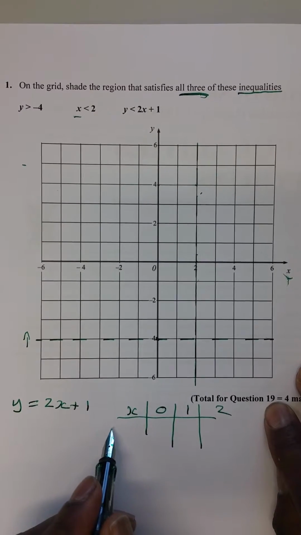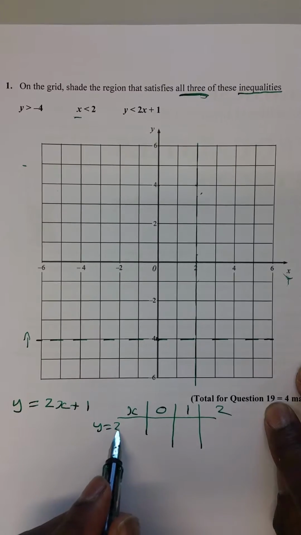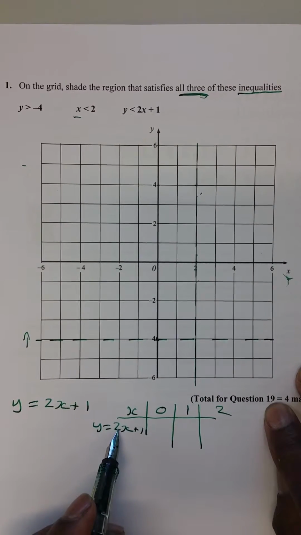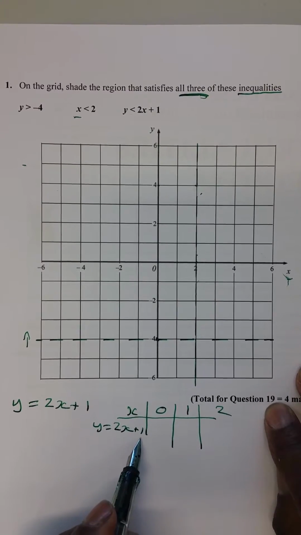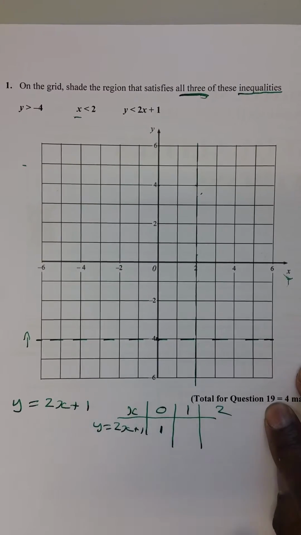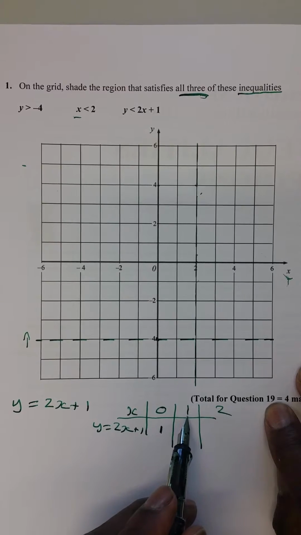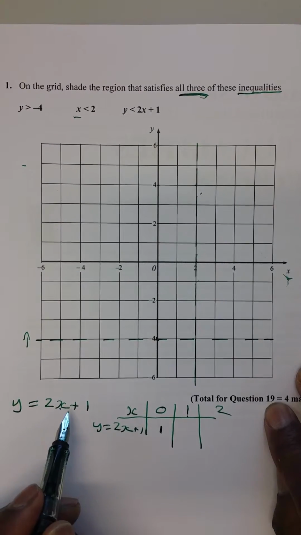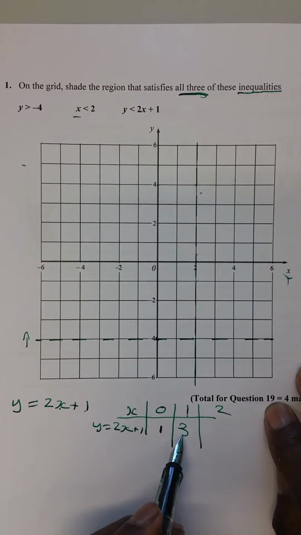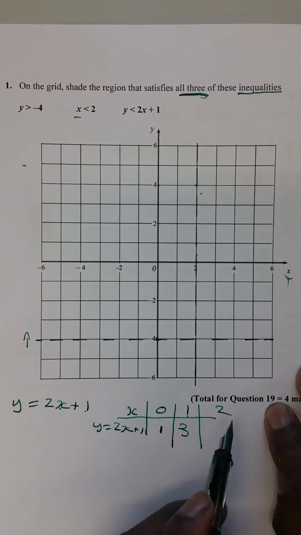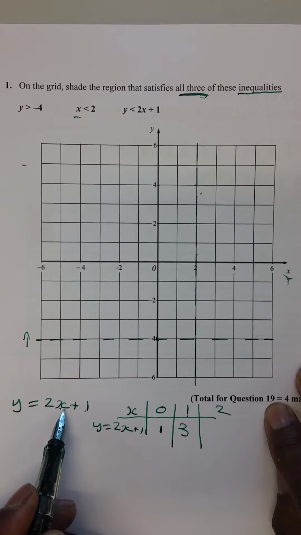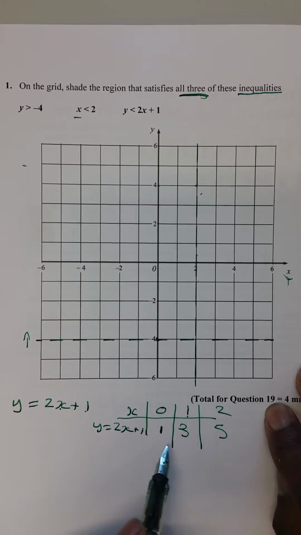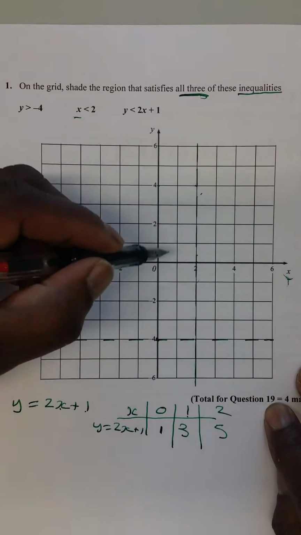So we say, what is 2 times nothing? It's nothing. Add 1 is 1. So that's a coordinate. When x is 1, what's 2 times 1? 2. And add 1, you get 3. And finally we say, what's 2 times 2? 4. Add 1, 5. So we've got 3 coordinates here, and let's plot them.